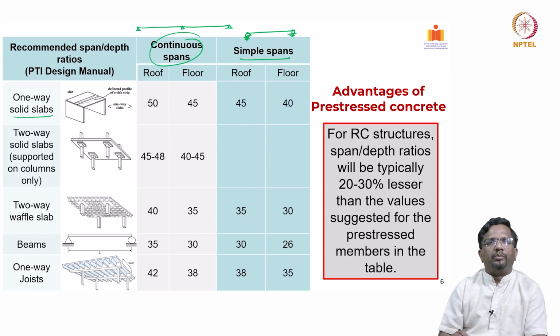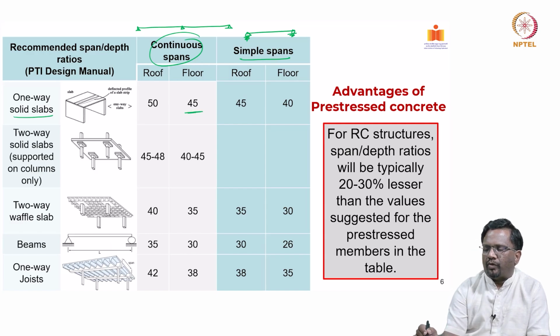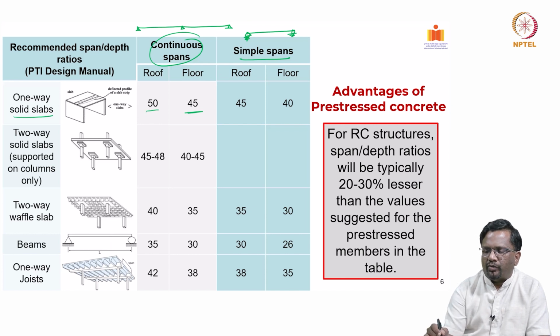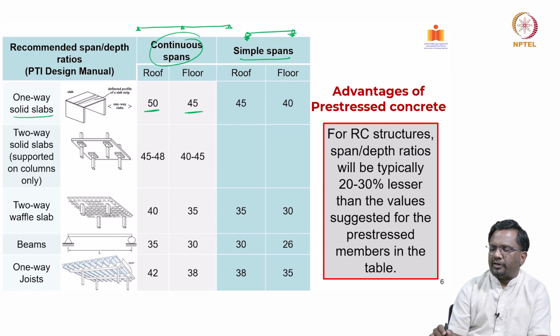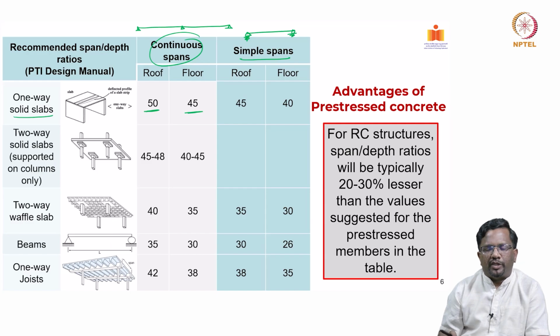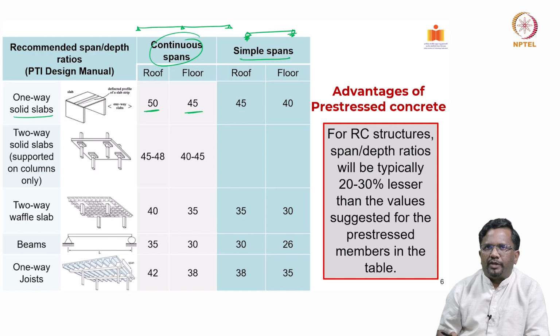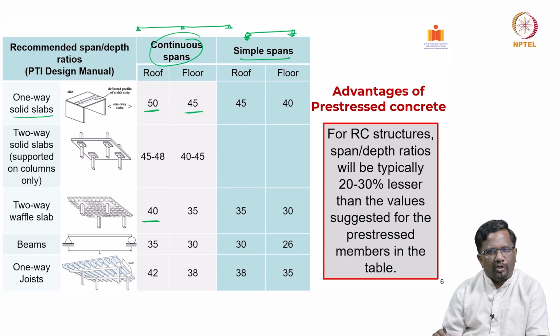For a continuous one way slab for floor, the allowable span to depth ratio is 45, and for roof it can be higher, because typically the live load requirement for the roof is lesser. That is the reason roofs typically have higher L by D ratios than floor slabs, which are usually subjected to higher live loads. Similarly, for a two-way waffle slab, if it is pre-stressed for a roof element, I can have an allowable L by D ratio of 40, and for floor it is 35.